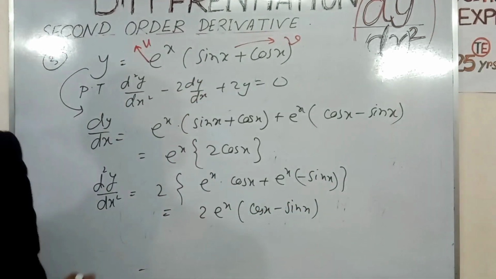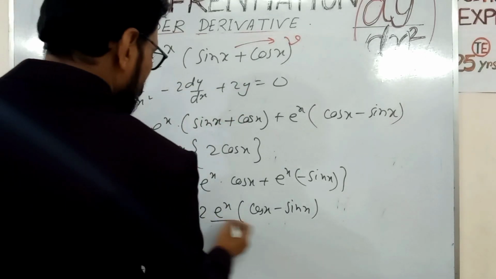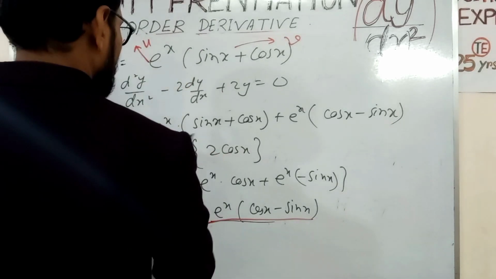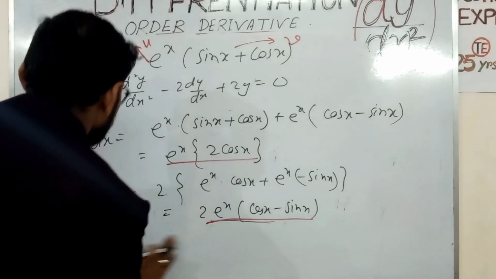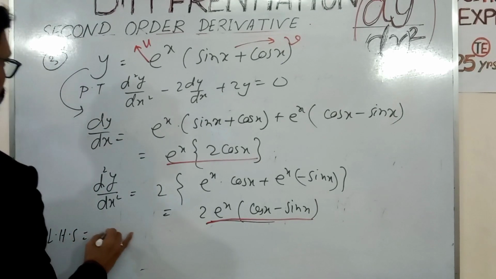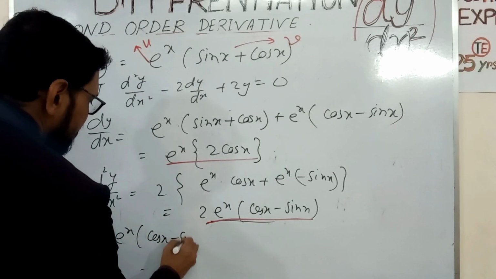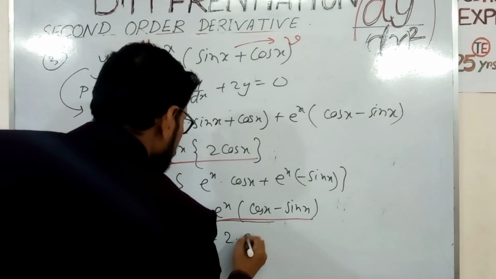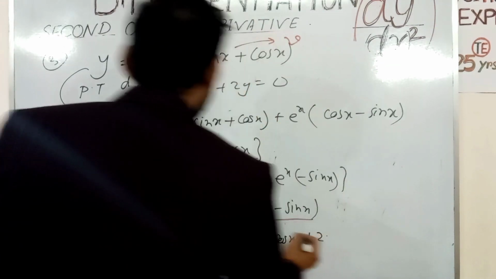Now we put d2y by dx square equal to this, dy by dx equal to this, and y equal to this here. So the required proof: left hand side equals d2y by dx square, which is this, minus 2 into dy by dx, which is this, plus 2 into y, which is this.